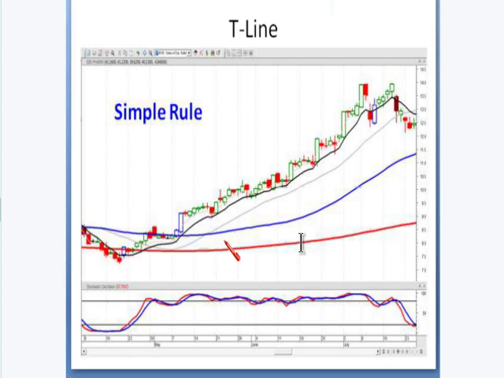The reason for that is if the candlestick signals are the graphic depiction of human nature, and the T-line acts like a natural support and resistance level of human nature, when you combine those two, now you've got an extremely powerful combination of keeping you in trades where you might get a little bit leery that there might be sell signals, but until you have that combination, you stay long.